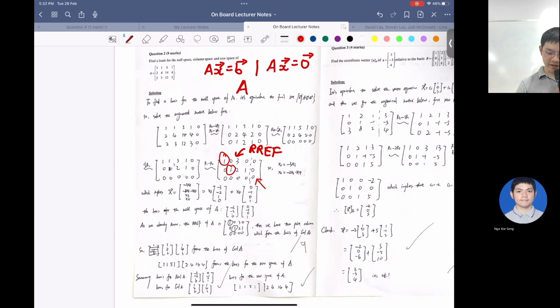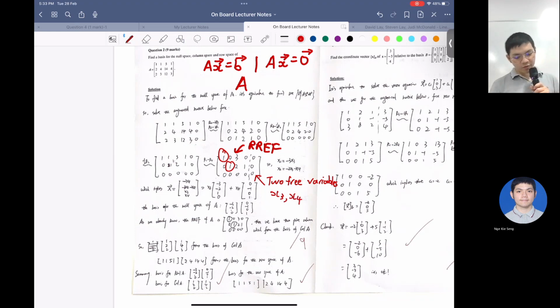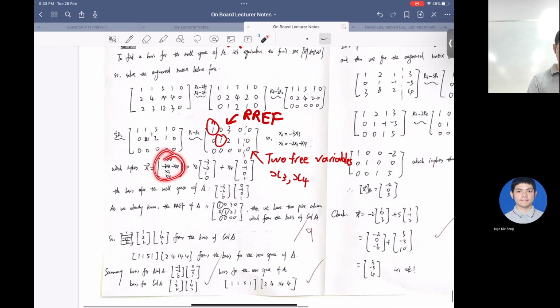So how many free variables are there? There are two free variables, which are x3 and x4. So it is two-dimensional, and you need to produce a two-dimensional basis for me. So how to get it? You need to get the parametric form.